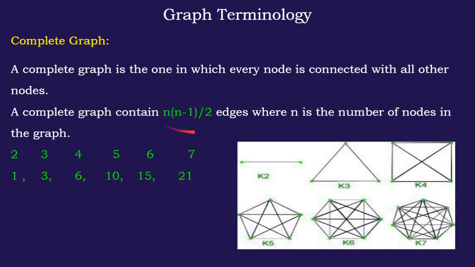If you apply this formula n into n minus 1 by 2, we get the respective number of edges for the respective number of vertices in the graph. That means here the connection happens from one node to every other node. So this is called a complete graph.